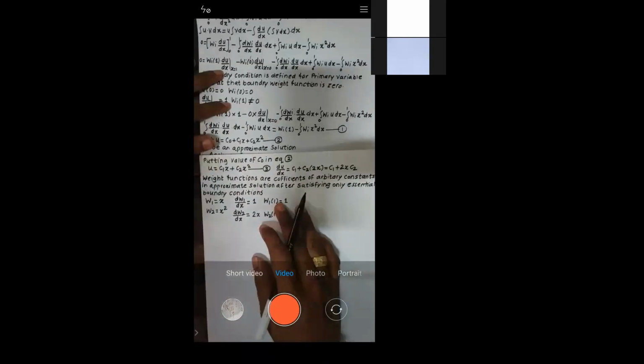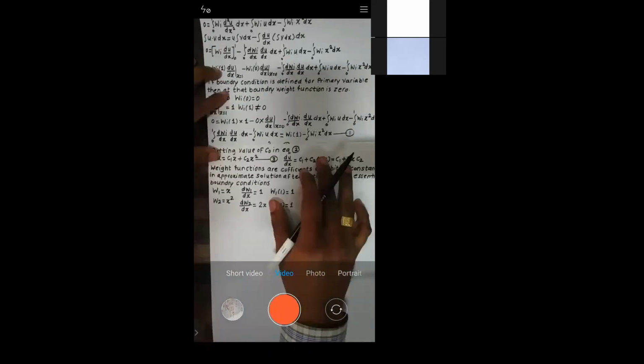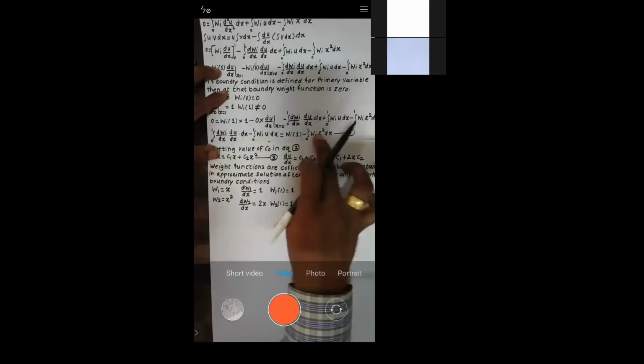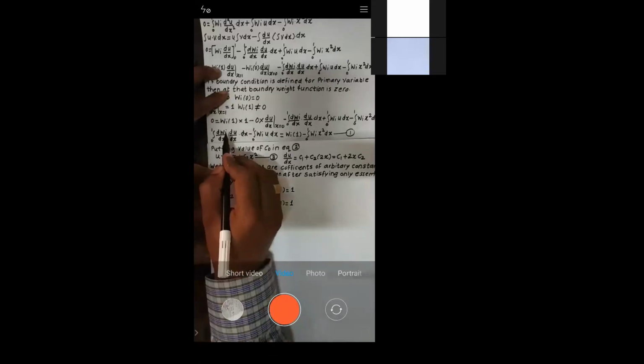Now let's write down this equation for the first weight function. I will write integration 0 to 1. Whenever there is wi, that value of i I will put as 1 initially, then I will put i as 2.